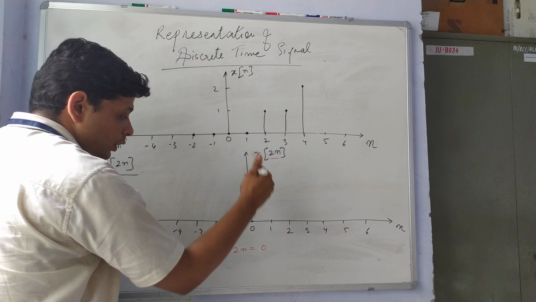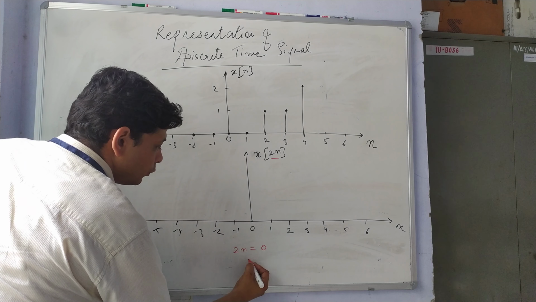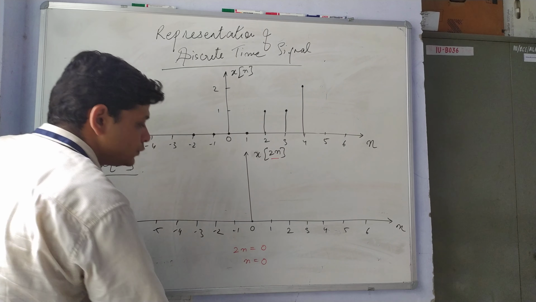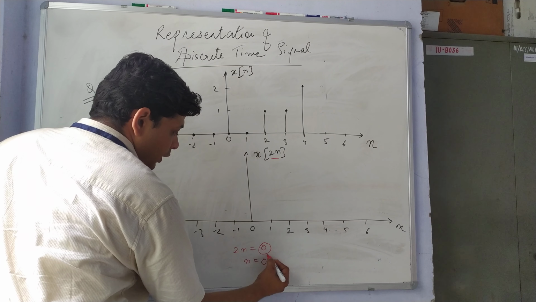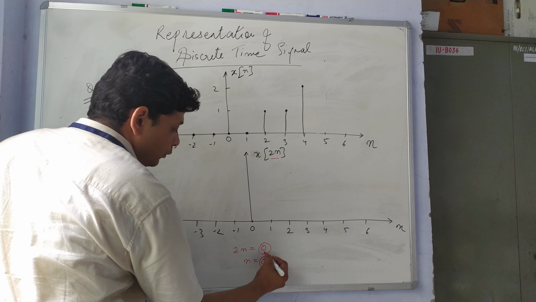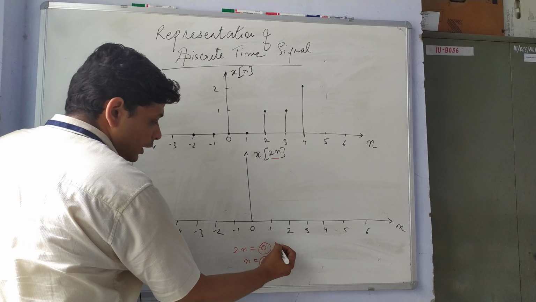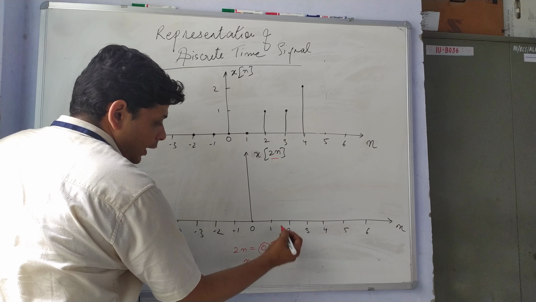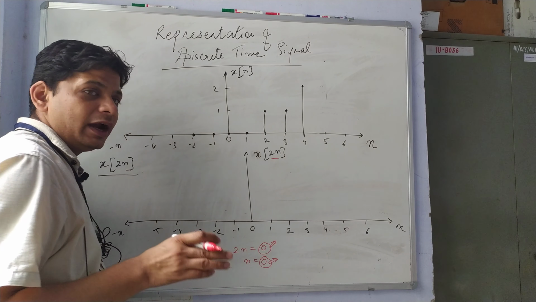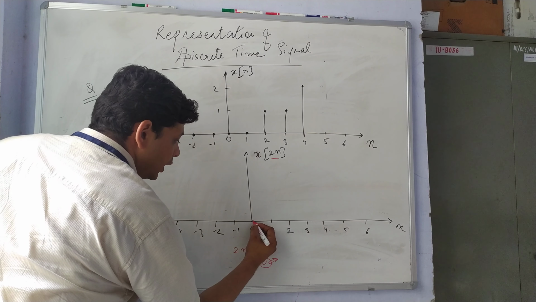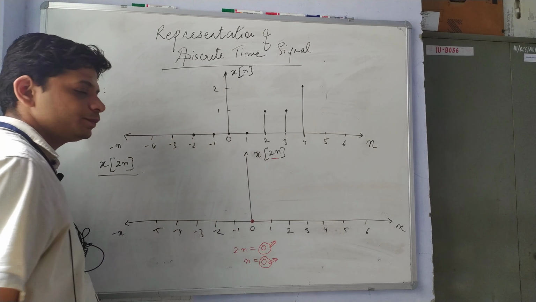So n will be equal to 0. So whatever value was earlier at 0, the same value will now be at 0 only. It means it will remain 0.